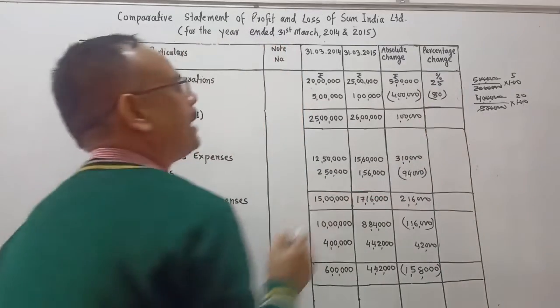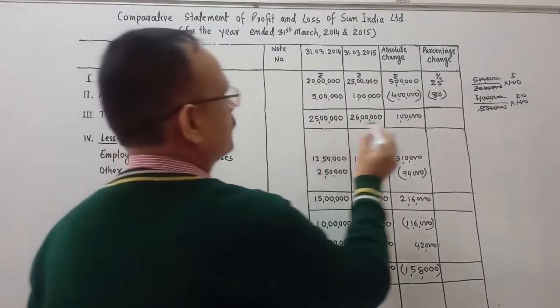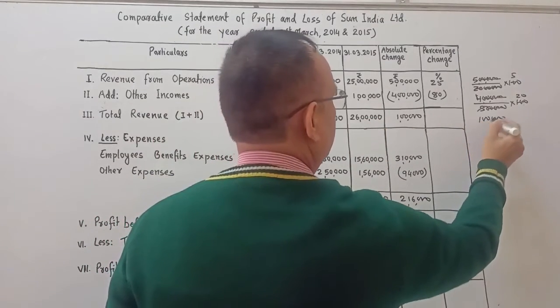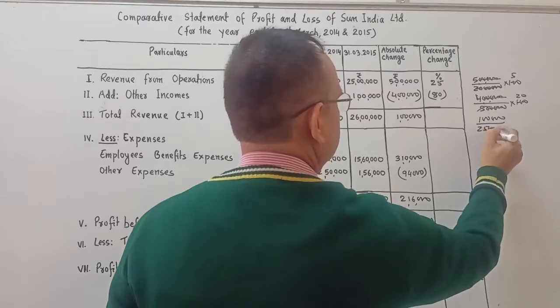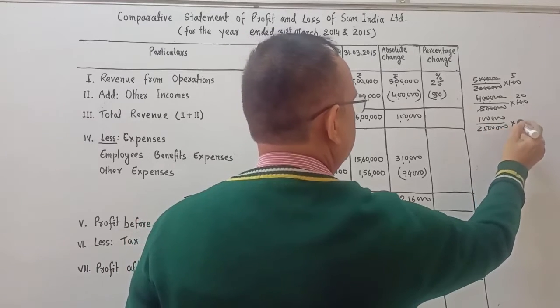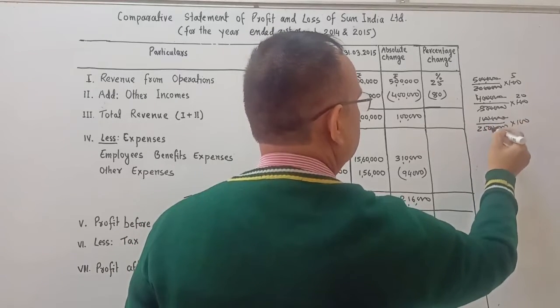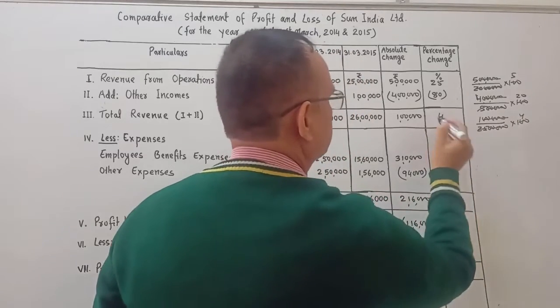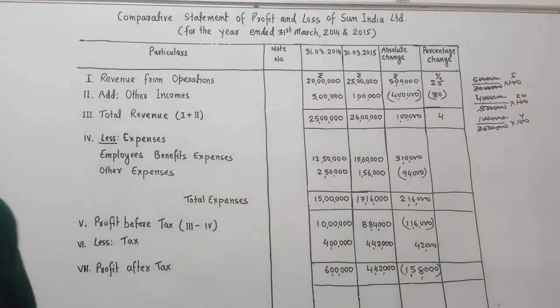Here it is 25 lakh to 26 lakhs, 1 lakh upon 25 lakhs into 100. So it is 4%. Is it clear? It is 4%.